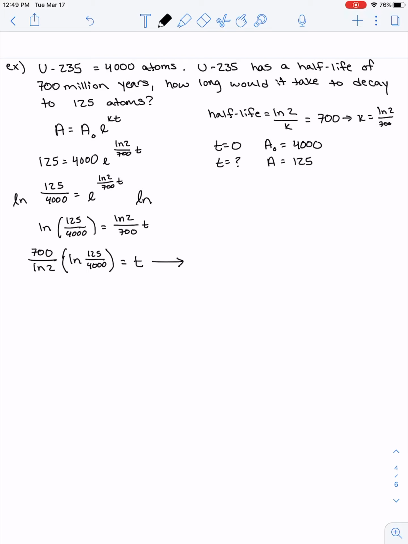Bummer. Okay, yes. So assuming I wouldn't have dropped that negative, we end up with a time equal to 3,500 million years to decay from 4,000 atoms to 125 atoms.